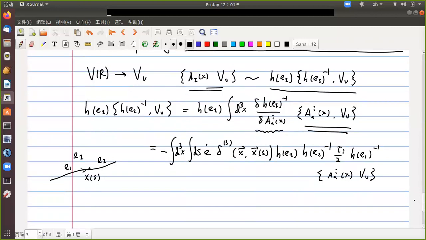So here the result of this functional derivative just gives you this piece and this delta function. Here is e dot a. This a is contracted with this a, and also this overall minus sign comes from the inverse.